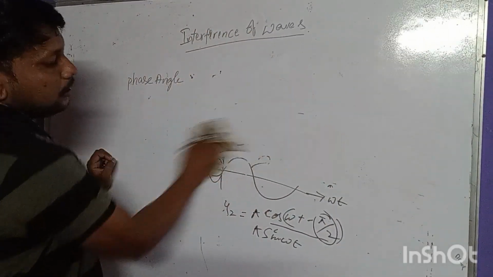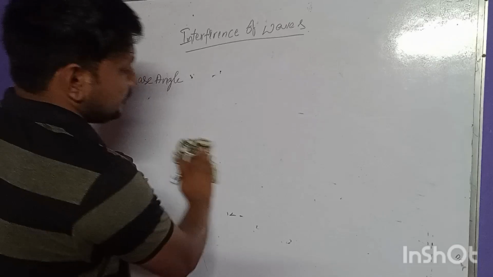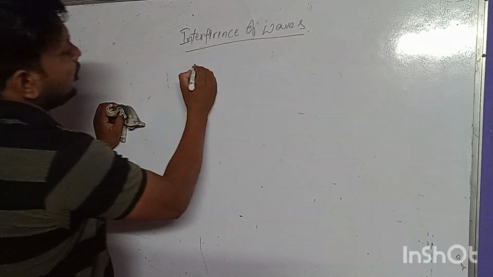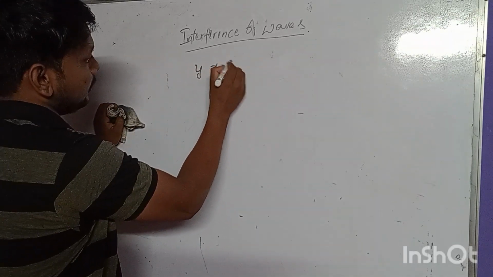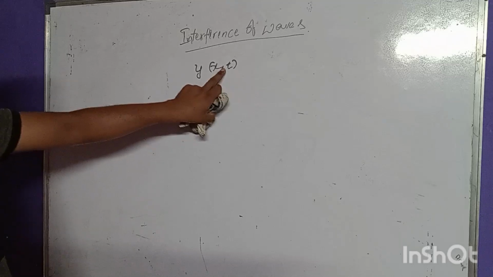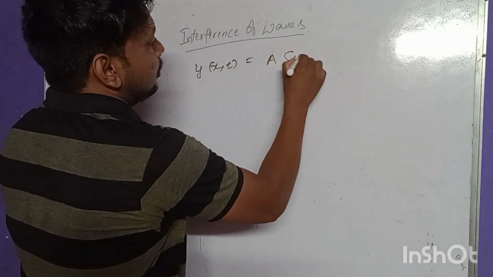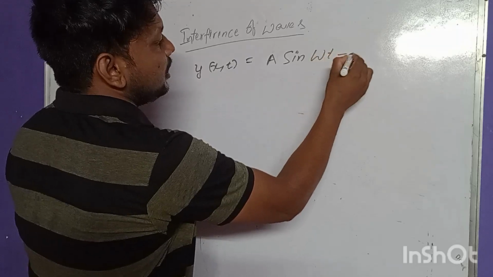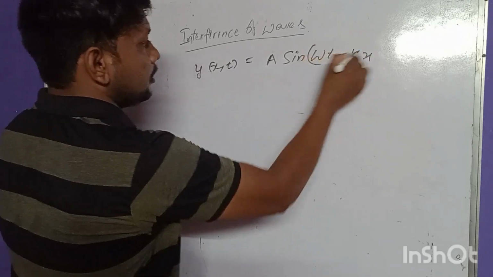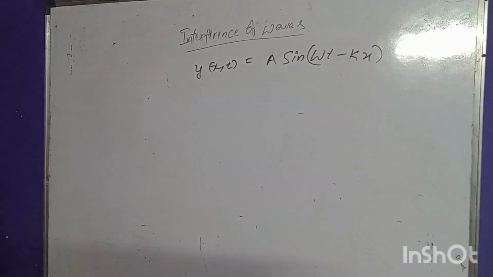Okay. Our traveling wave equation is y(x, t). Two variables are here: A sin(omega t minus kx). This is our traveling wave.